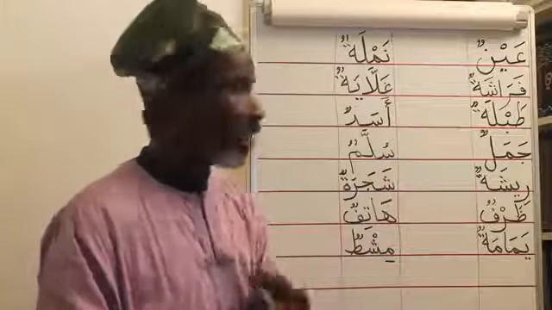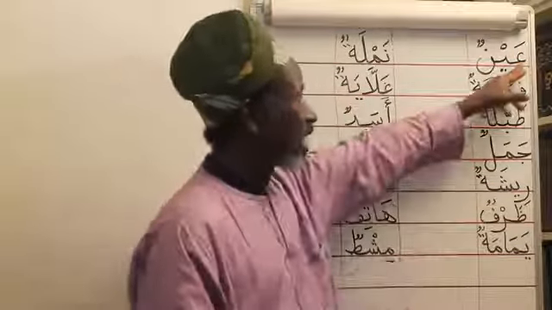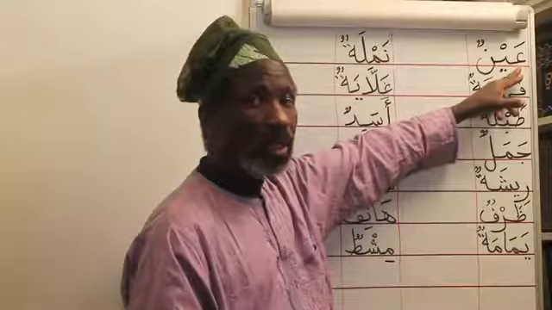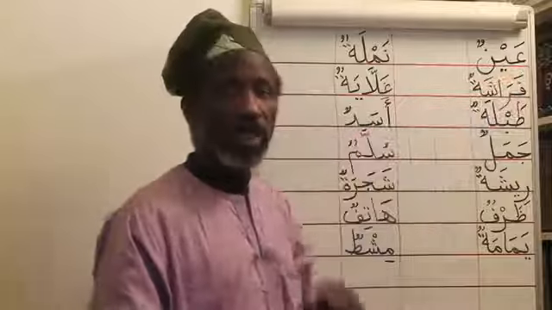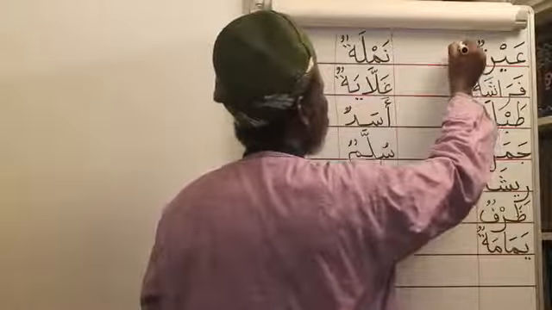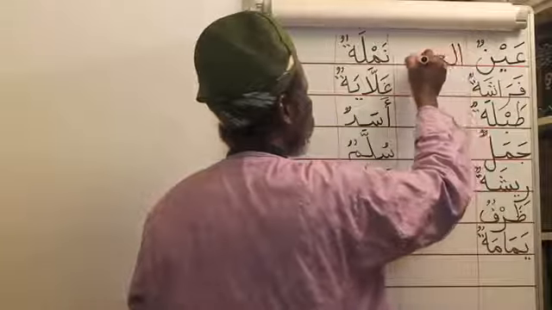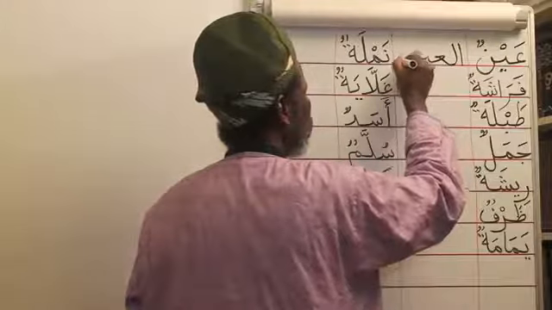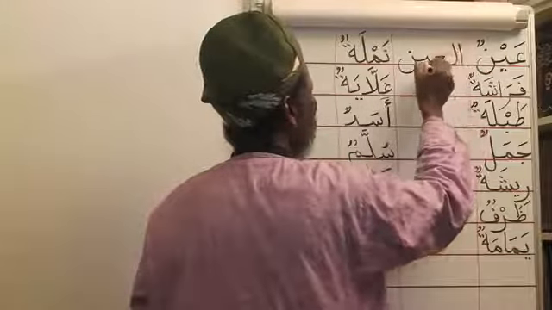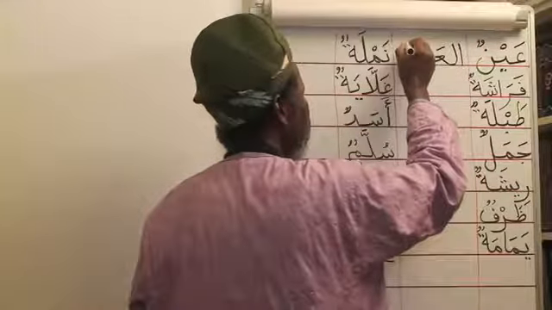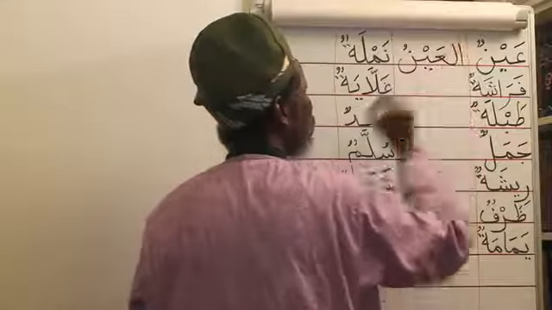The answer to that is, you first identify the Ain. Is Ain a moon letter or a sun letter? So Ain is a moon letter. So here we're going to add "Al". That's your original Ain; the tanween here becomes a single damma because of "Al".